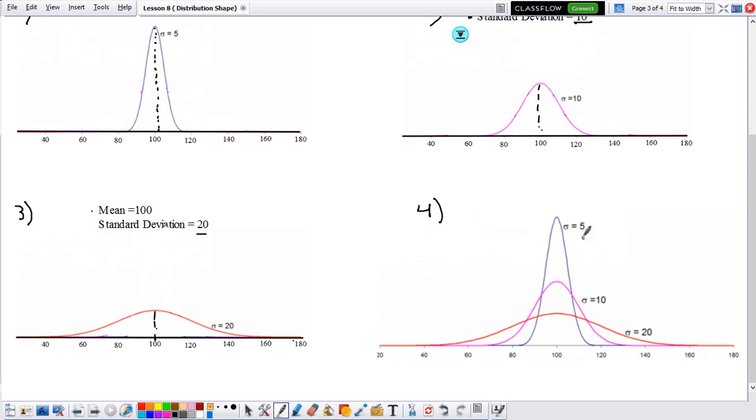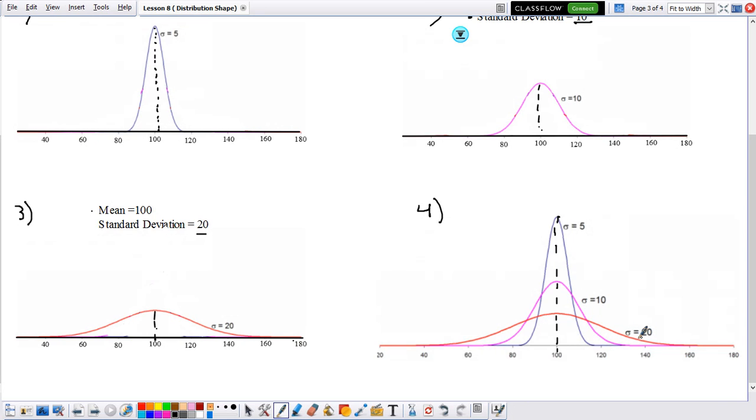Now here we have the three graphs at the same time. Notice that every single one of them has a mean of 100, so the three graphs are right at the center. This is how the graph looks with a standard deviation of 5 in blue. When we increase the standard deviation to 10, we still have that same mountain, but it's not as high as the previous one.